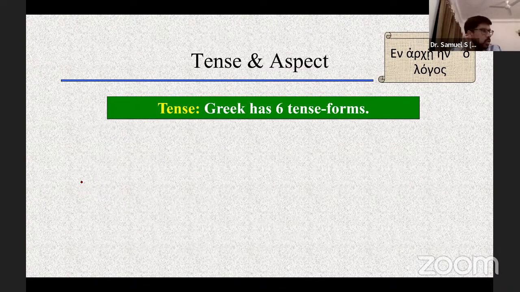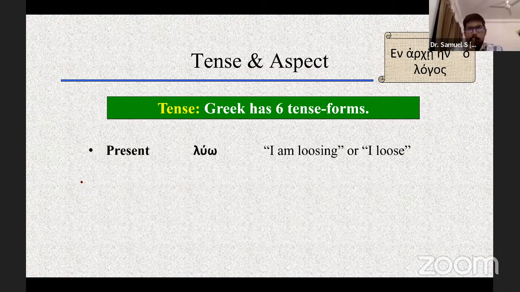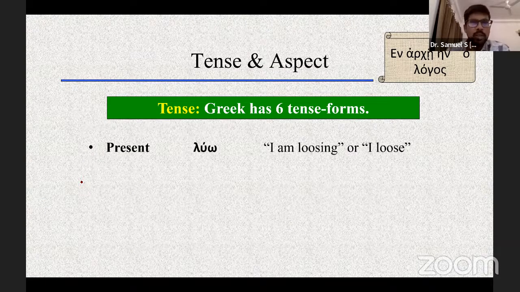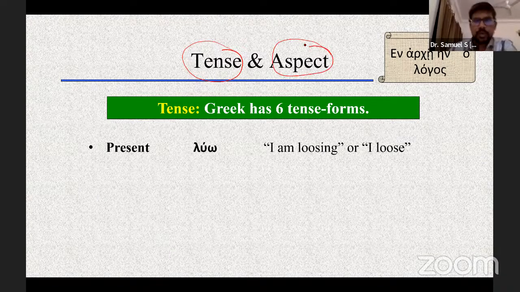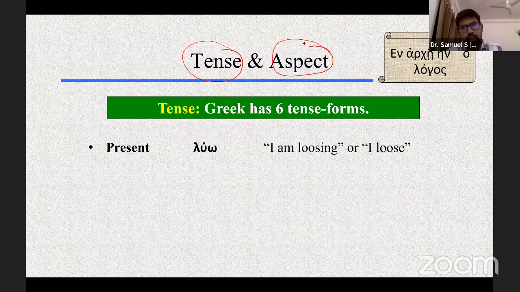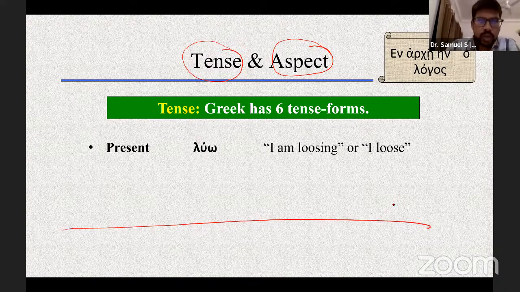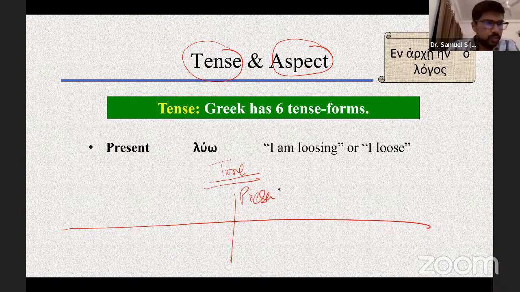Okay, now this brings us to probably the most important thing that we should talk about when it comes to verbs: the idea of tense and aspect. When we think of English tense, we usually think about time. We immediately say a verb can be in the present tense, meaning it's happening right now.